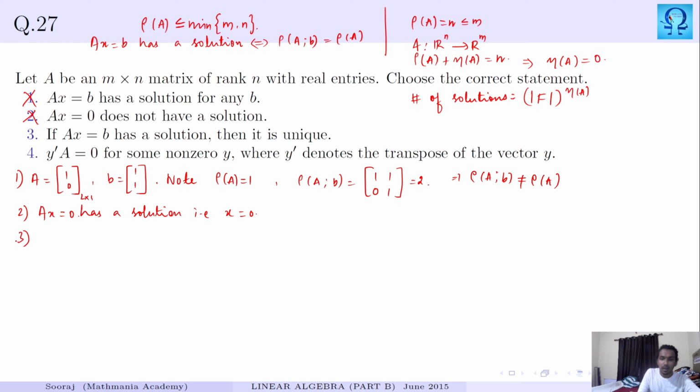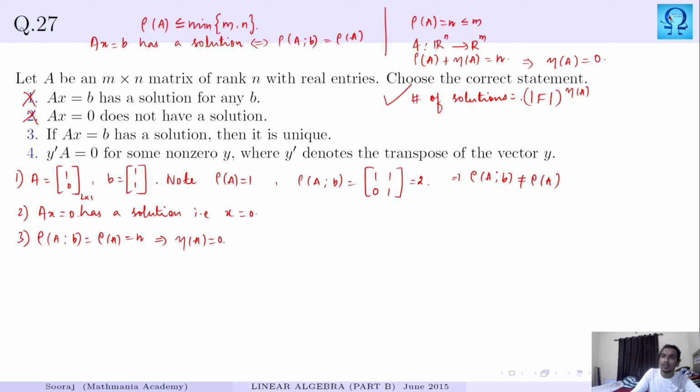Okay, and in the third it is given that Ax is equal to b. If it has a solution, then it is unique, right? So we can make use of this ideology. It is said that it has a solution. So rank of [A|b] is the same as rank of A, which is nothing but n, which tells us the nullity is 0.